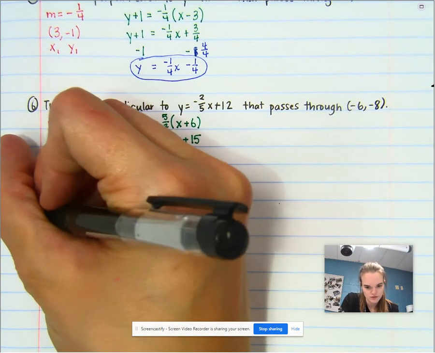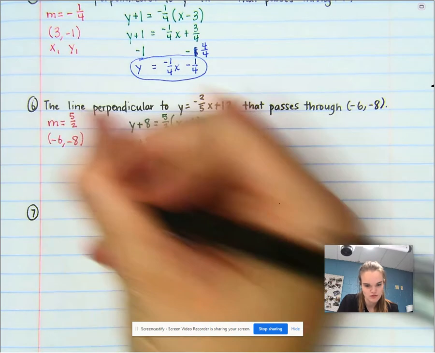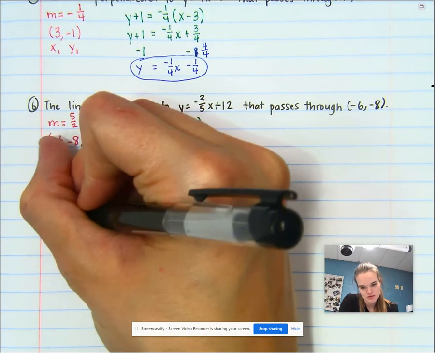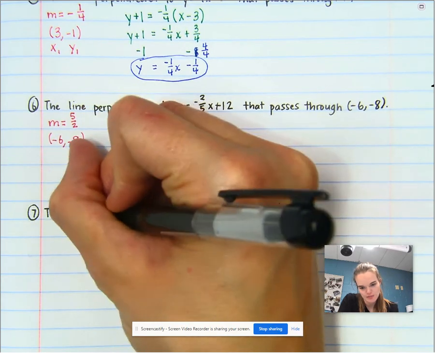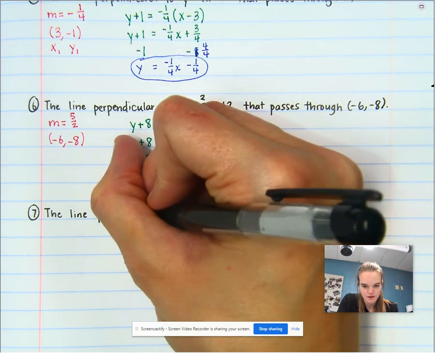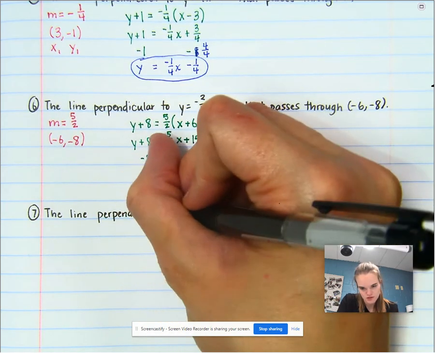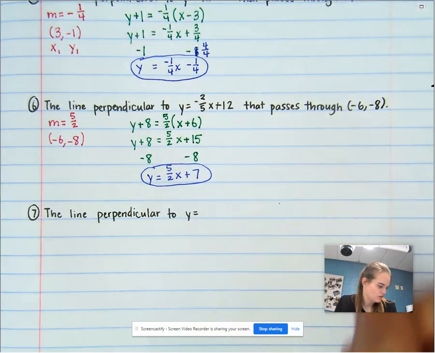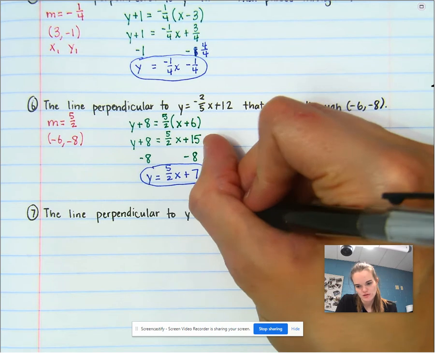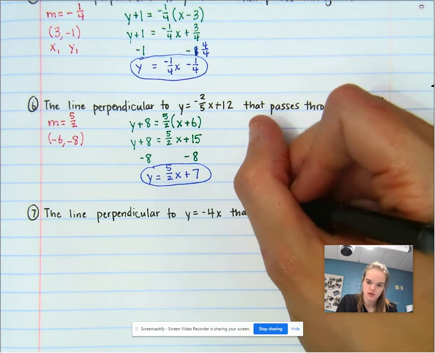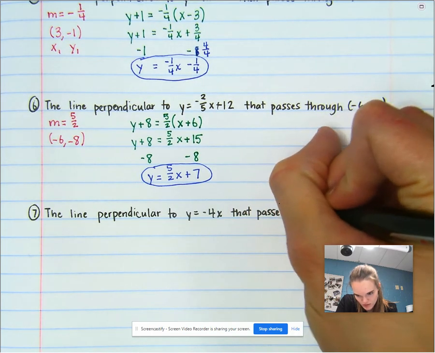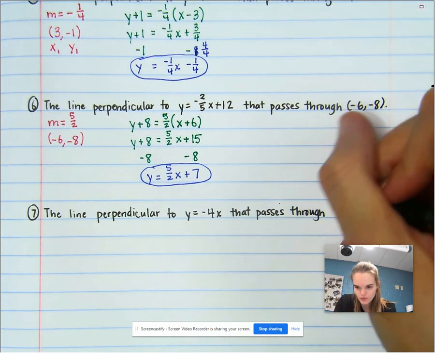Number 7. The line perpendicular to y equals -4x that passes through the origin.